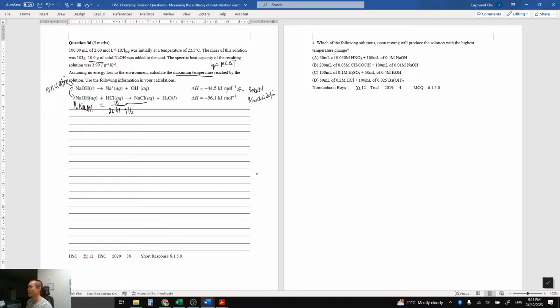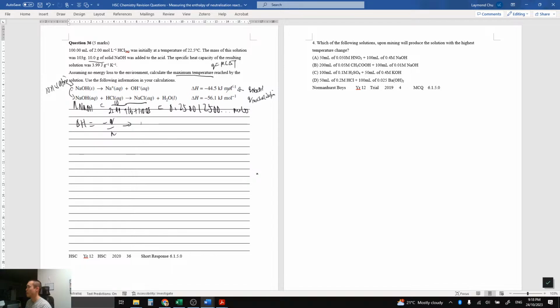Now, hopefully you've done enough problems to memorize what Na is, but if not, that's okay. The data sheet is still there for you to have a look. So this answer is 0.2500 moles.